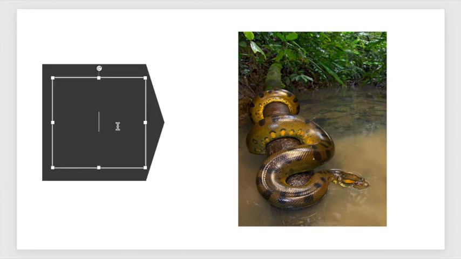This is a snake, but does anybody know the special name for this kind of snake that lives in the Amazon? An anaconda. A-N-A-C-O-N-D-A. Anaconda.